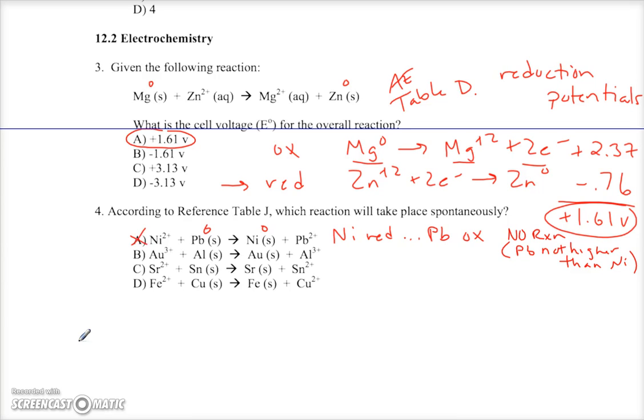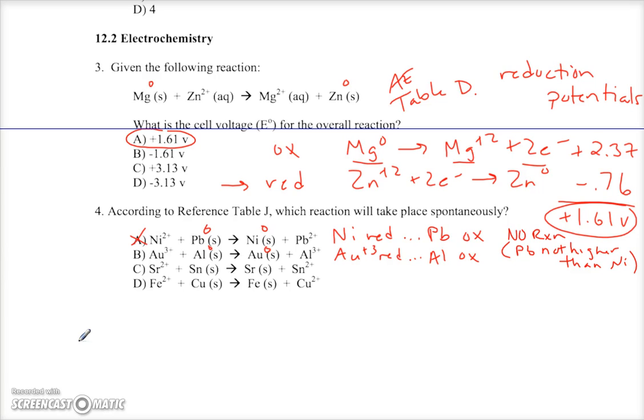Choice B, we see gold going from +3 to gold going to 0. So what we see here is that Au +3 is being reduced. And we see that aluminum 0 is going to aluminum +3. So here we see aluminum being oxidized.